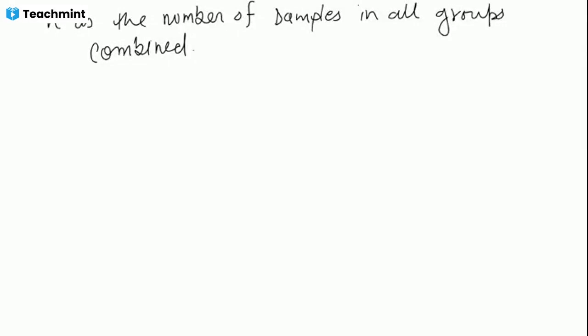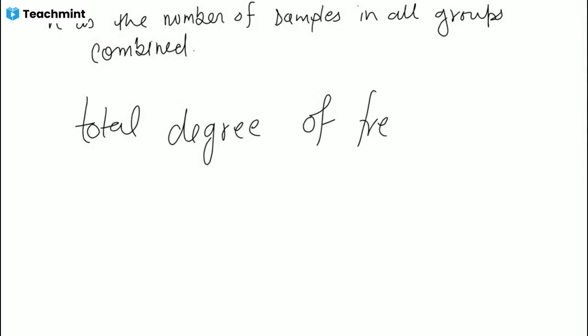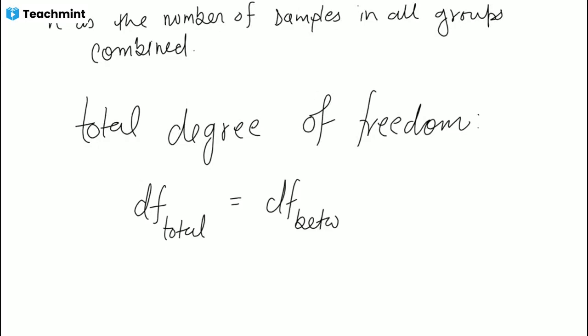Next, total degree of freedom. This is degree of freedom between plus degree of freedom within.